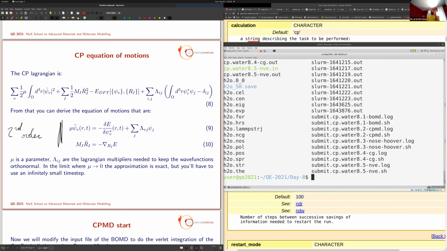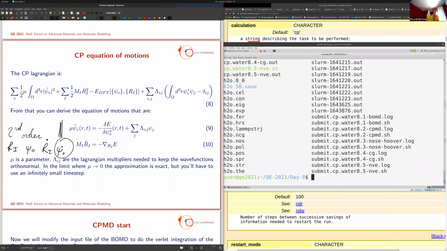That means you have to provide the 0th derivative of your function at the initial time step, at t equals 0. That means the position of the atoms, Ri, and the initial wave function, that is the ground state. Then you also have to give the first derivative of these two quantities, so the velocities and the derivative of the wave function. Now, the problem is, what is that?